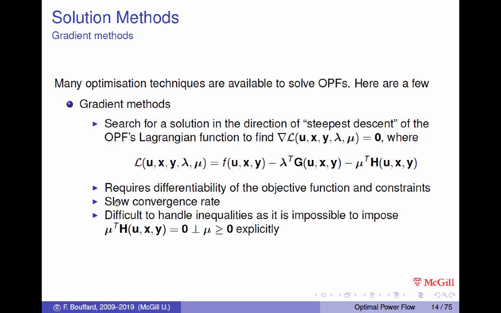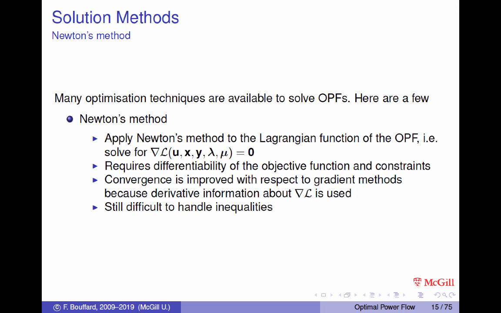So here, the product of the Lagrange multipliers of the inequalities times the inequality vector h of u, x, y has to be equal to 0, while at the same time the vector mu has to be greater than or equal to 0. So this is what we've seen before. Same thing, Newton's method is the same idea, but again, the problem is that it's hard to handle inequalities.